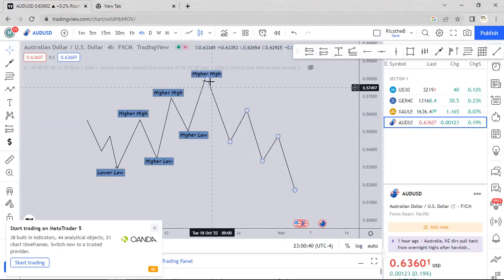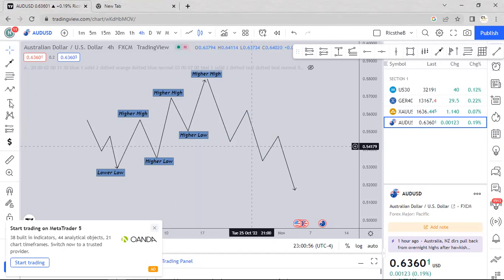As you can see, we're pushing from this higher point, then the market pushes all the way down, giving us a point which is lower than the previous higher low. And this right here, we already see the market giving us a low which is below the previous low. So automatically this becomes a lower low. Why? Because it's lower than the previous low. So this is referred to as a lower low.